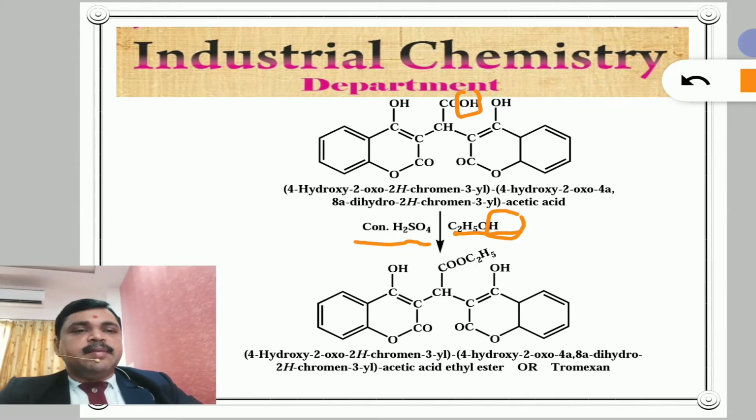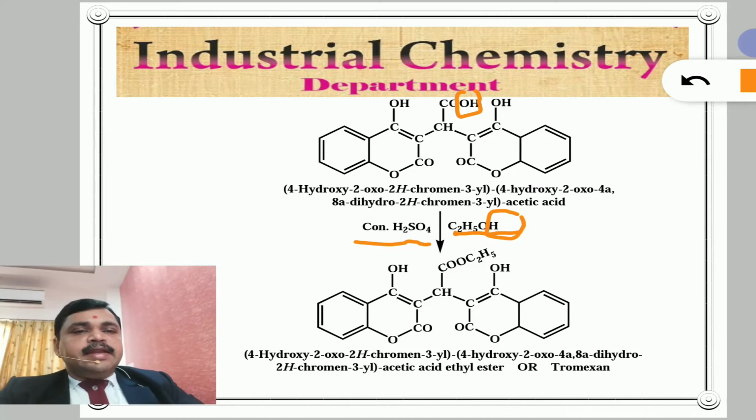Tromexan is chemically the ester of a coumarin derivative. Chemically it is 4-hydroxy 2-oxo 2-hydrochromane 3-yl, 4-hydroxy 2-oxo 4A 8A dihydro 2-hydrochromane 3-yl acetic acid ethyl ester.